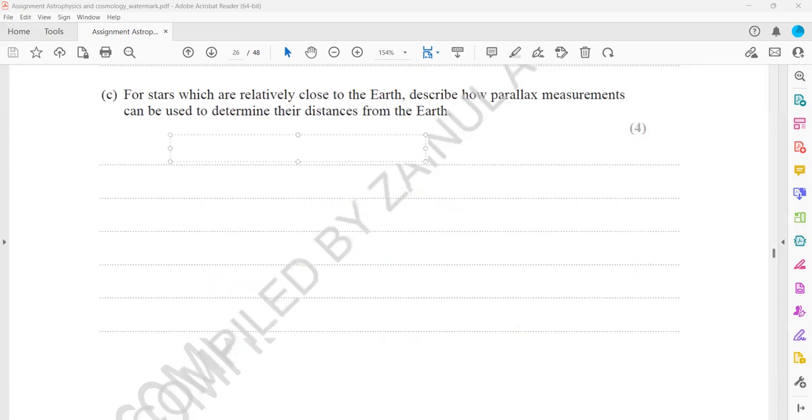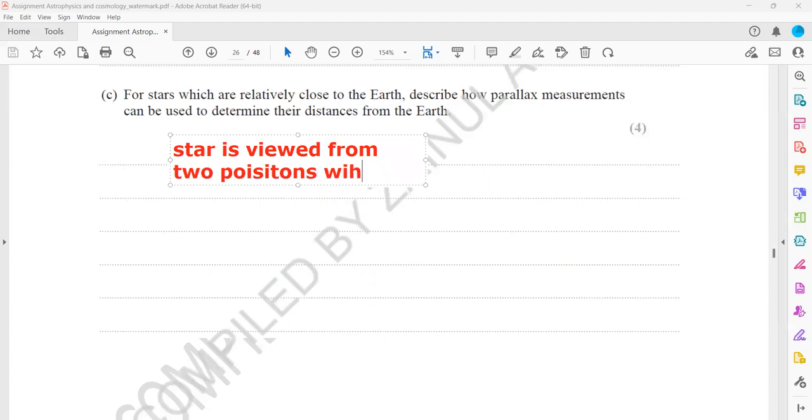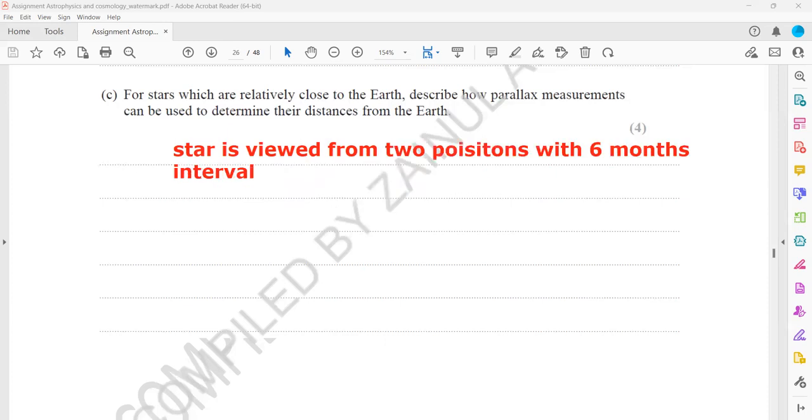So we observe the star from opposite ends of a diameter of Earth's orbit.